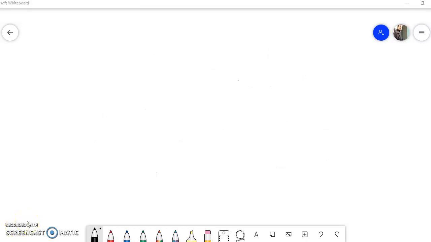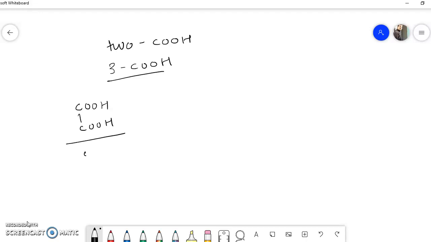Okay, now sometimes what happens, there are two COOH groups in the compound, or we can say three COOH groups are there in the compound. Very simple example, you will see COOH COOH. Now the name of this compound is oxalic acid, but this is the common name. This is not IUPAC name, this is common name. Okay, now how to give the IUPAC name to this compound?